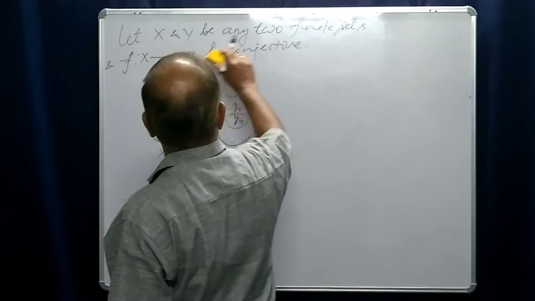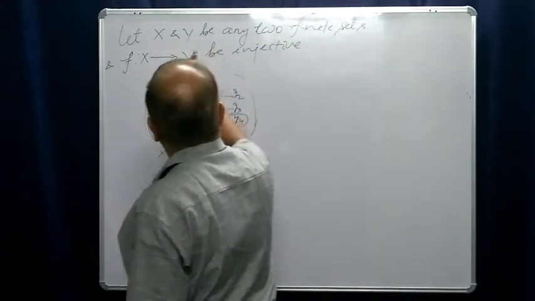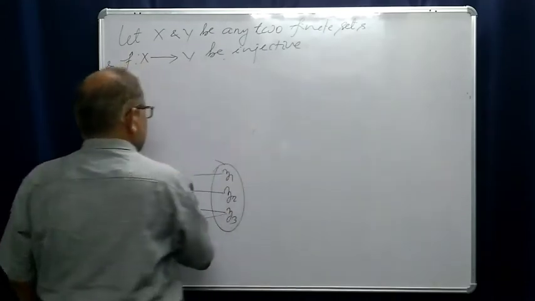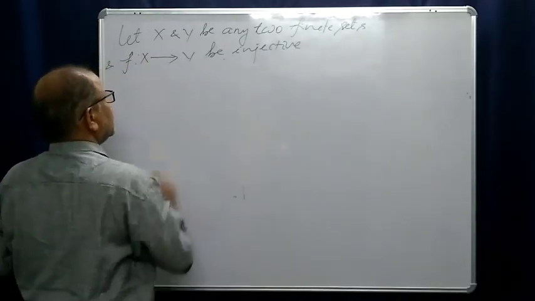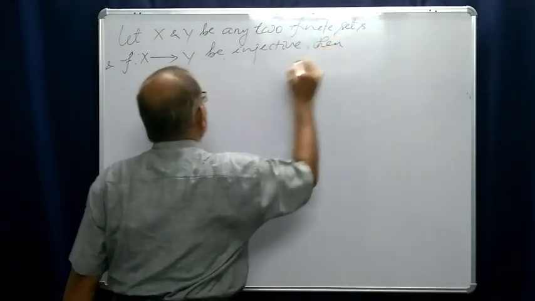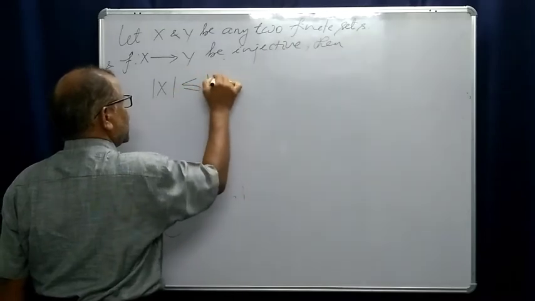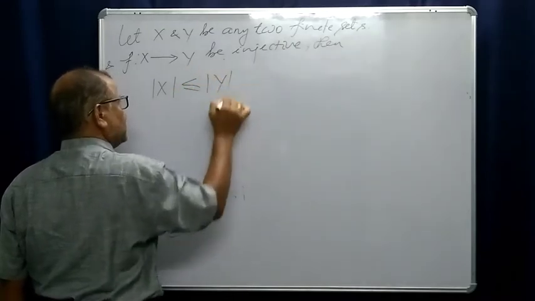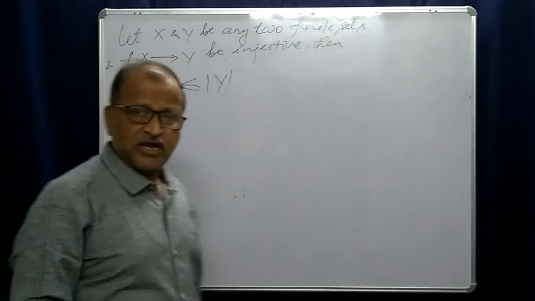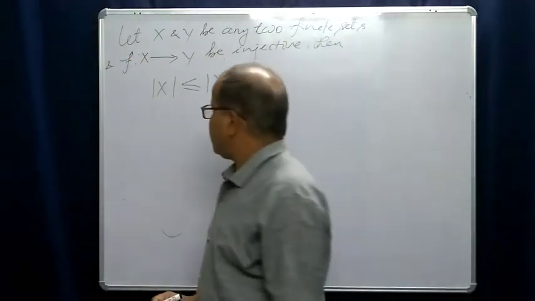So if x and y are two finite sets and f is injective, then what conclusion can you draw? Then cardinality of x must be less than or equal to cardinality of y.